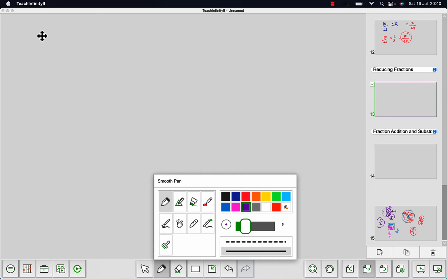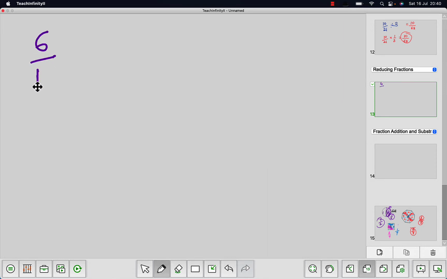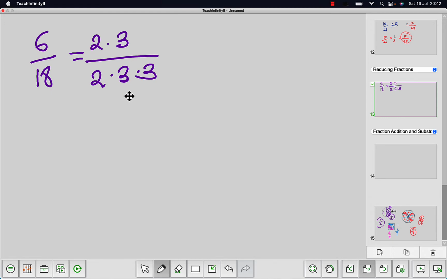Let's say I have 6 over 18. So let's convert these into prime numbers. Which numbers will make up 6? 2 and 3. Which numbers will make up 18? 2 obviously, and 3 and then 3, right?